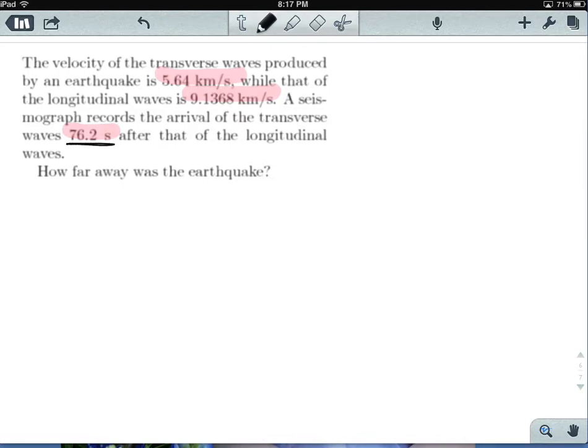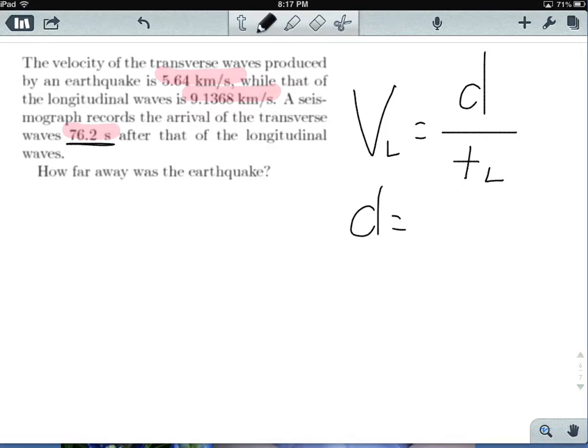The velocity of our longitudinal wave equals our distance, all divided by our time of the longitudinal wave. Solving for distance, we get distance equals the velocity of the longitudinal wave times the time of the longitudinal wave.